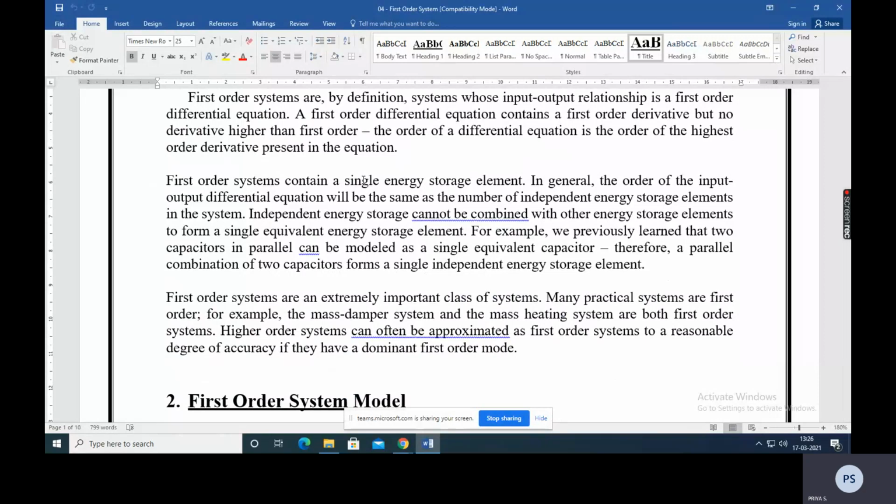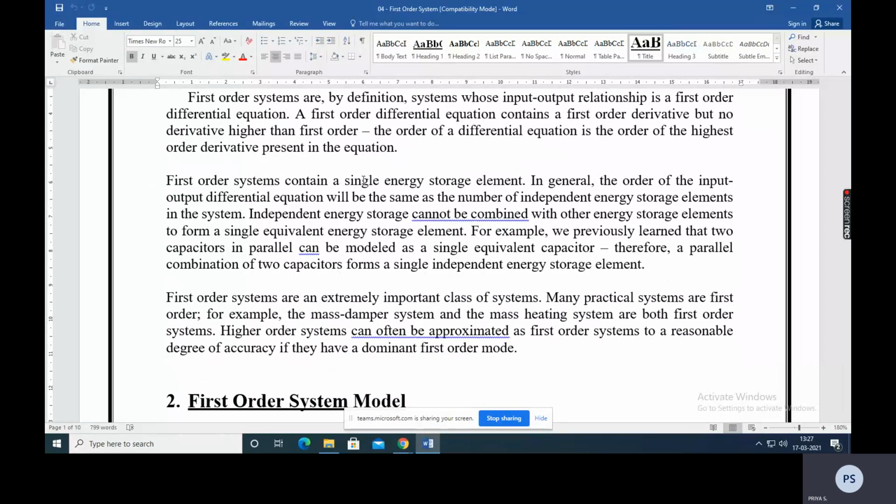Energy storage elements are the capacitor and inductor. If you have either a capacitor or an inductor, it is a single energy storage element, so the order of the system is one only.